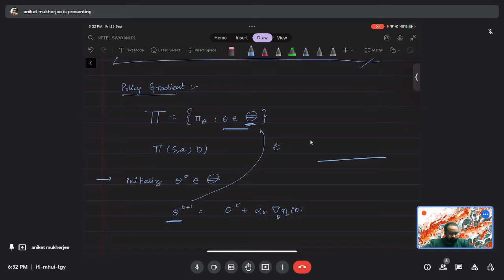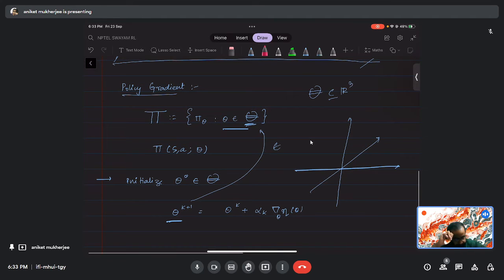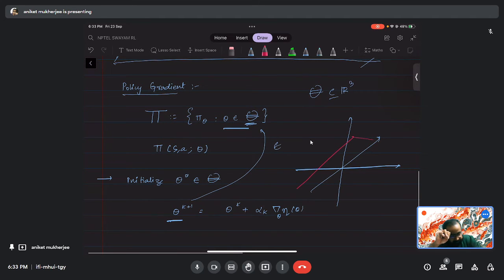Suppose theta is the parameters. I'm using 3 parameters to define theta: theta 1, theta 2, theta 3. So Theta is a subset of R^3, some plane which lies in R^3.